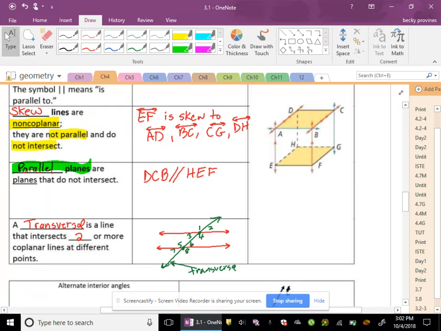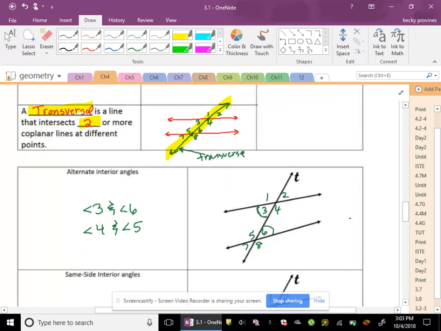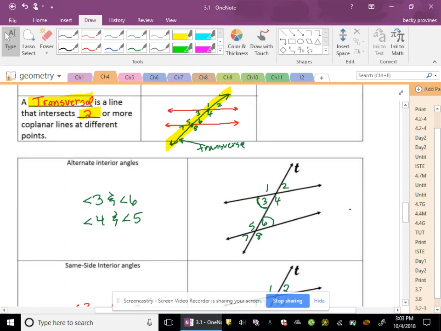We also have the vocab word transversal. A transversal is a line that intersects 2 or more coplanar lines at different points. So when this green line comes through, it creates all these new angles. And that's what the next part of our lesson is about, all the angles that our transversal forms.